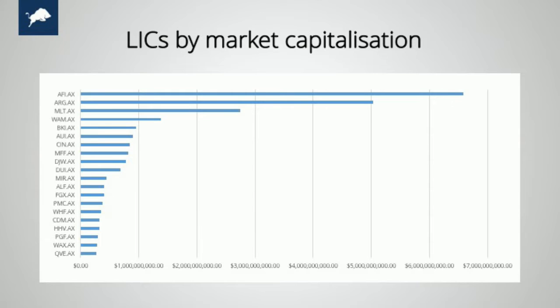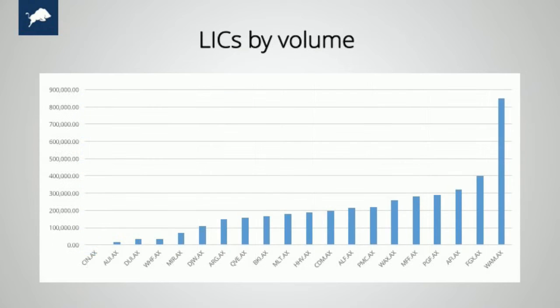Now, the reason why this slide is important is because the next one shows listed investment companies by average daily volume traded. These are not highly liquid stocks. If I was to put Telstra or Woolworths, etc., up alongside this, their average daily turnover would dwarf what you're seeing here.